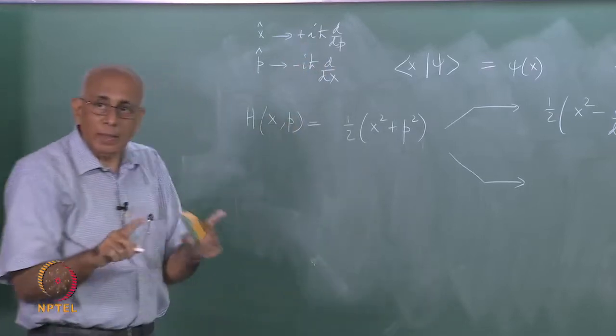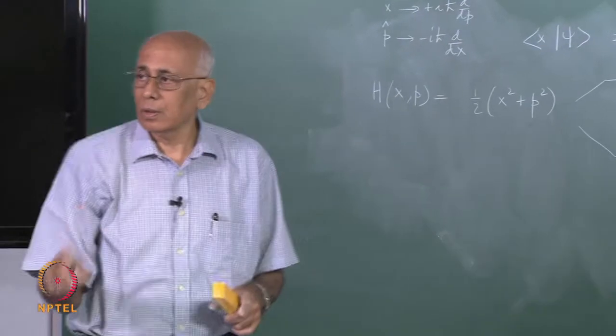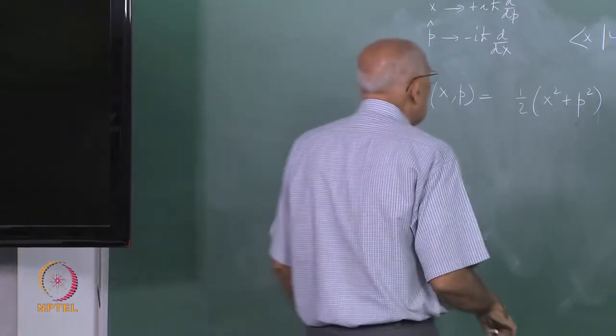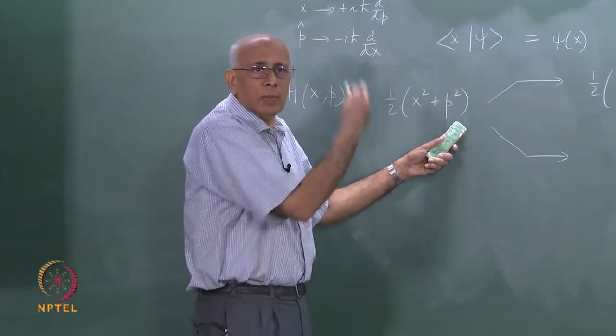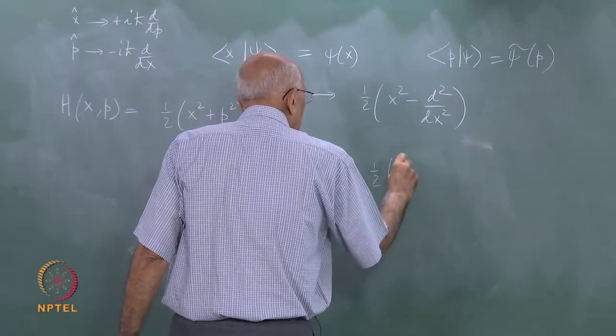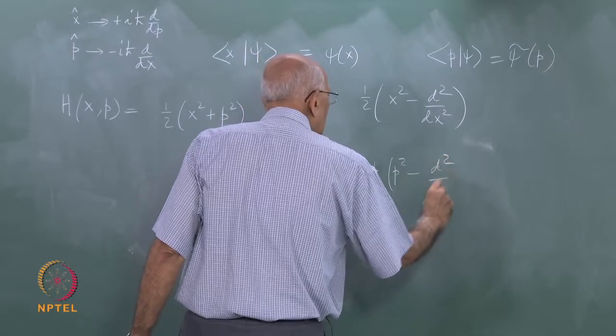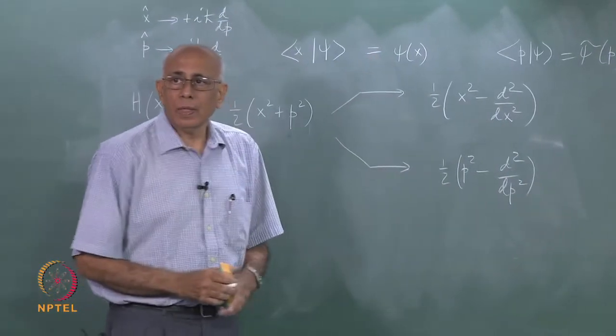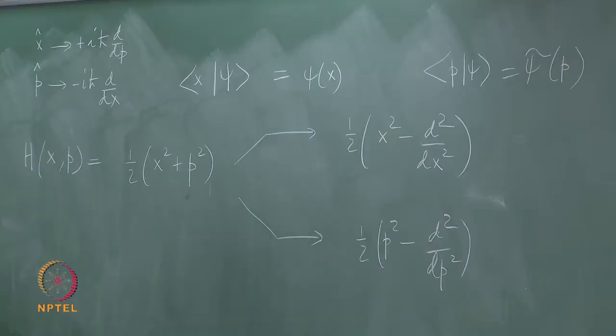Only then can you maintain the commutation relation, the commutator of X and P is i h cross times the unit operator. For the square it does not matter whether it is plus i or minus i, so this becomes 1/2 (p squared minus d2 over dp2). In other words, they become exactly the same.